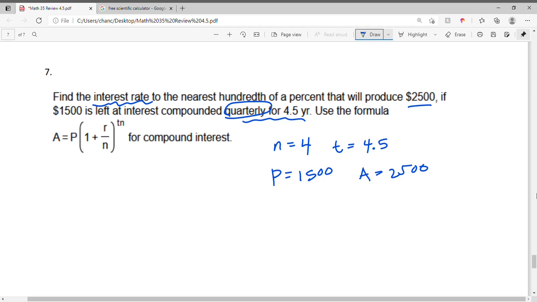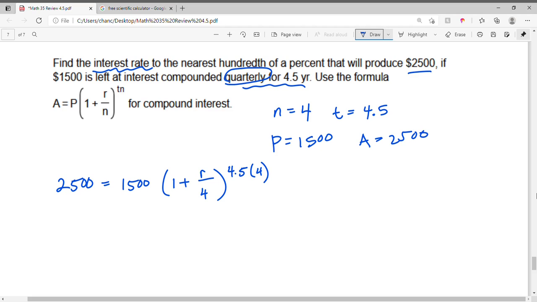Let's plug in the values. We have 2,500 equals 1,500 times the quantity 1 plus. Now I don't know the interest rate, we'll leave it as R. The number of compounds is 4. Raise that to the T times N, so that's 4.5 times 4.